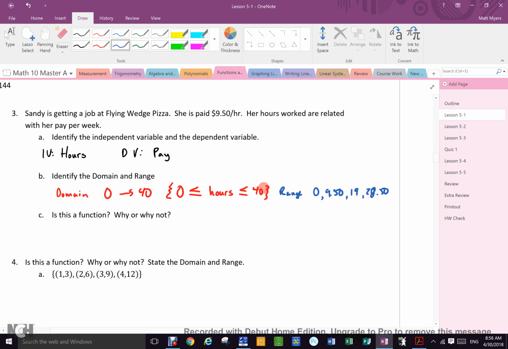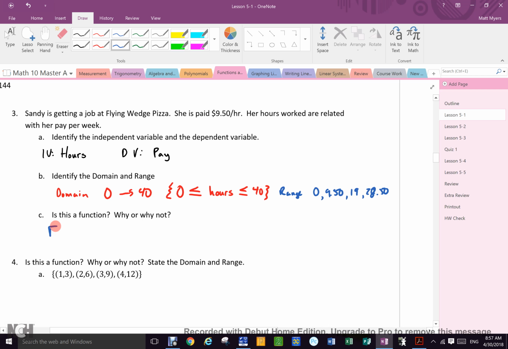Yes or no? If I tell you she was paid $95, do you know how many hours she worked? It's a function. Yeah, why? Because there's no hours that overlap. Every hour gives a unique pay. As soon as that hour changes, we go to a new pay. Everybody with me?